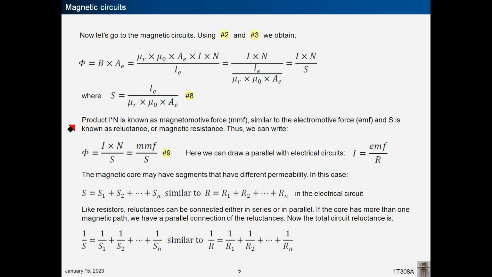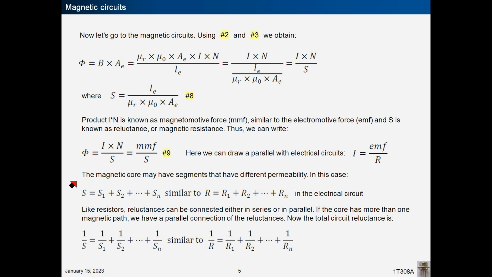Product I times N is known as magnetomotive force, MMF, similar to the electromotive force, EMF, and S is known as reluctance or magnetic resistance. Thus, we can write phi as MMF over reluctance, and we can draw a parallel with electrical circuits where current equals EMF over resistance.